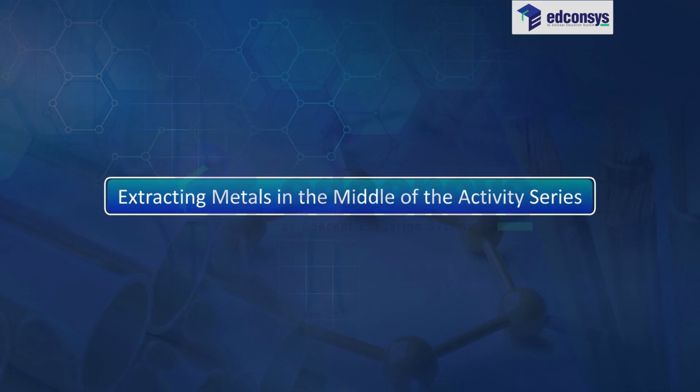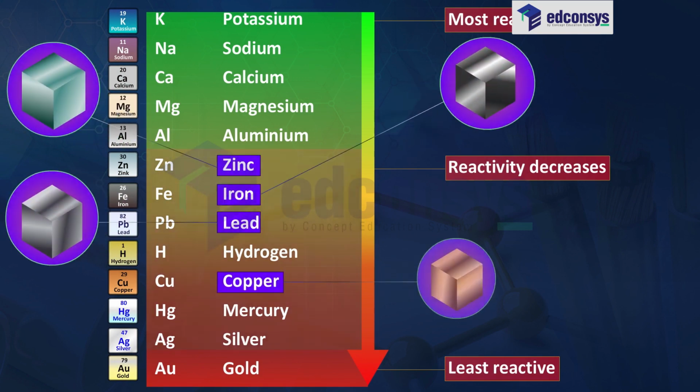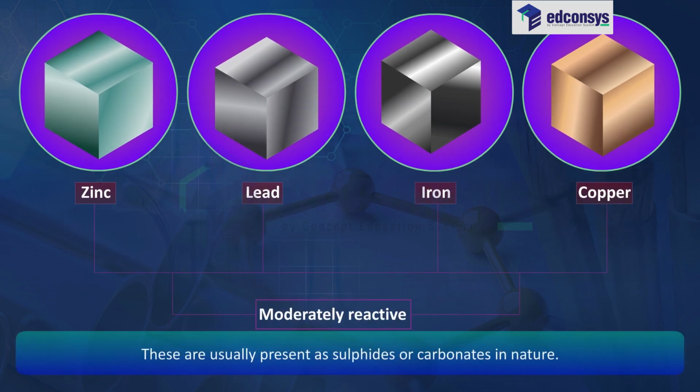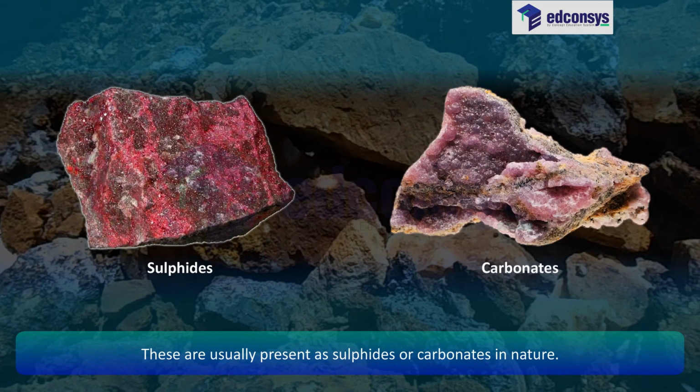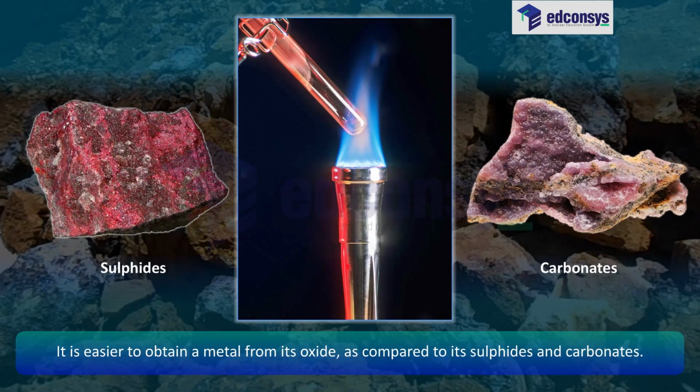Extracting metals in the middle of the activity series. The metals in the middle of the activity series, such as iron, zinc, lead, copper, etc., are moderately reactive. These are usually present as sulfides or carbonates in nature. It is easier to obtain a metal from its oxide as compared to its sulfides and carbonates.